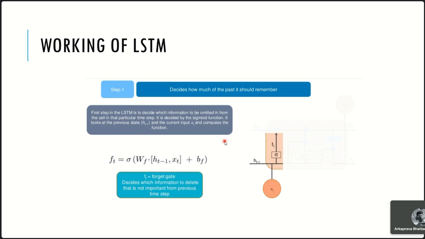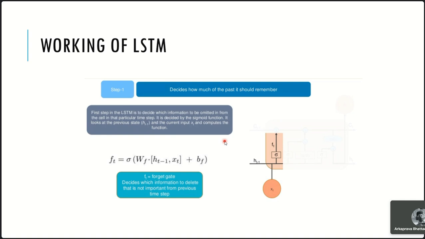The sigmoid function takes the previous state, that is HT minus 1, and the current input XT, and computes the forget gate's output.